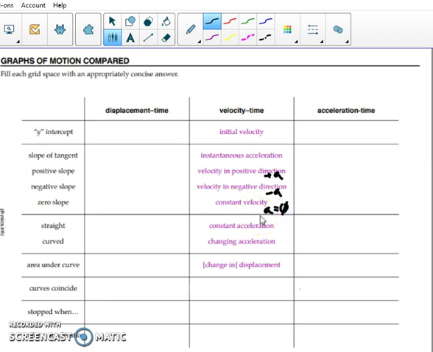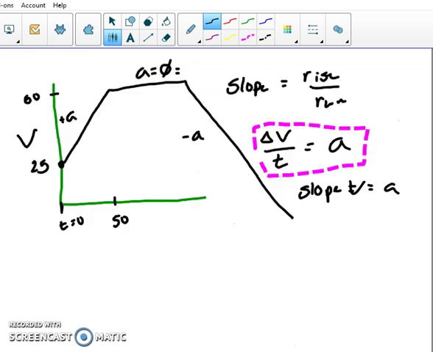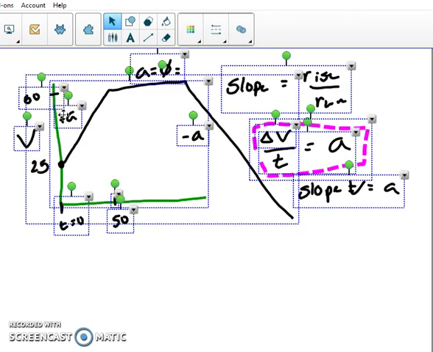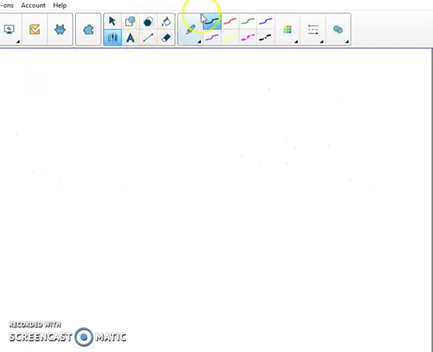So let's talk about that. What is that going to look like? What do those terms mean? What does a positive acceleration look like? A negative acceleration and an acceleration of 0.